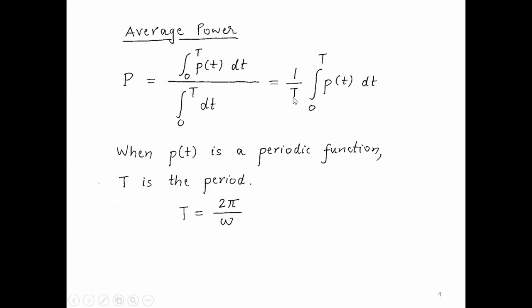Now for our case, the power is a periodic quantity, and if the quantity is periodic, typically the capital T will be the period of that periodic quantity. For our case, the frequency is omega, so we take the time period as 2 pi by omega. So the average power will be defined with capital T given by 2 pi by omega.